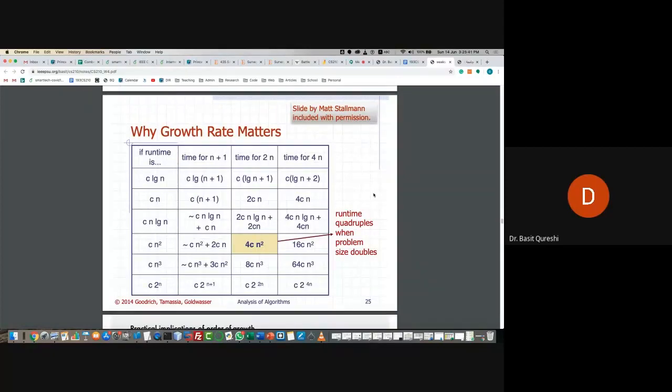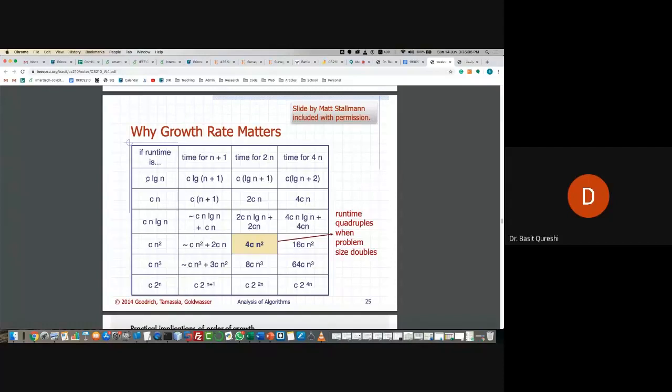What you see in front of you is just a table. It's showing you runtimes for certain programs. We have rows and we have columns. The row is telling you the runtime, let's say for some program, is C log of n, where C is some constant.